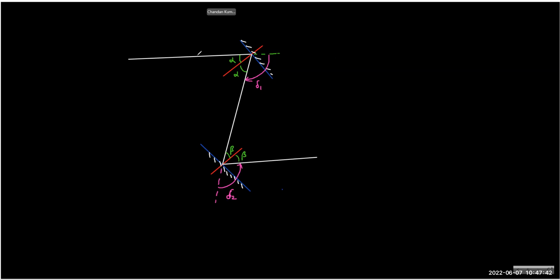So in this case, the net deviation will be how much? Delta 1 minus delta 2. Either you can say one is positive, the other is negative, because it is opposite. So you can choose clockwise as positive and anti-clockwise as negative. If the net answer is positive, it means the net deviation is also clockwise, and vice versa. So this is not a big deal, I hope so. Okay.